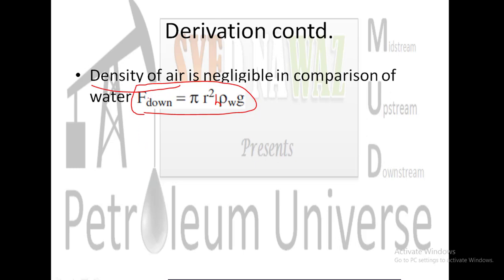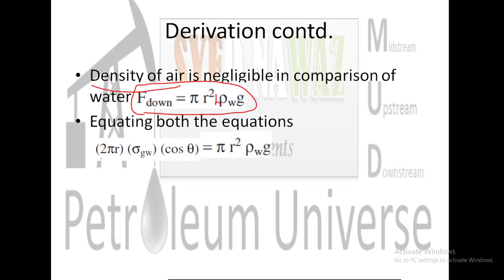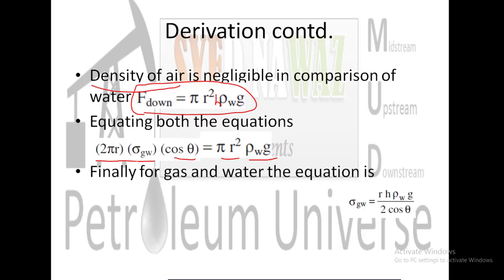As I said, the force moving upward and the force moving downward are equal, so I am equating both equations. Finally what I got is 2 pi r psi GW cos theta equals pi r square H into density of water into g. I am just rearranging the equation.